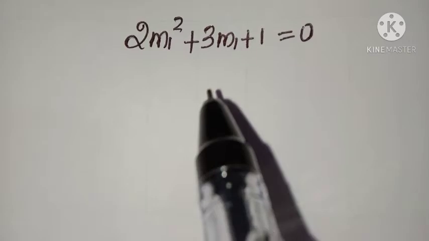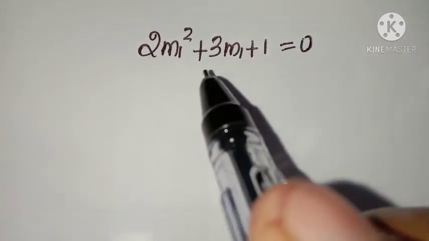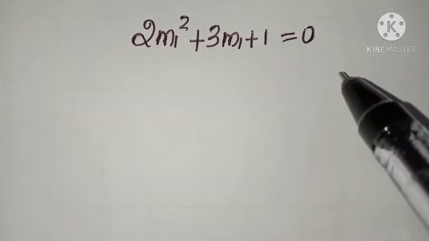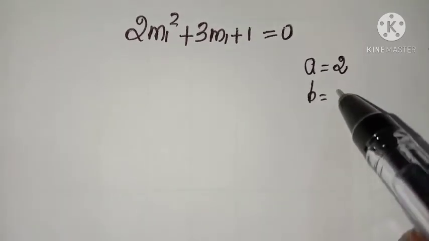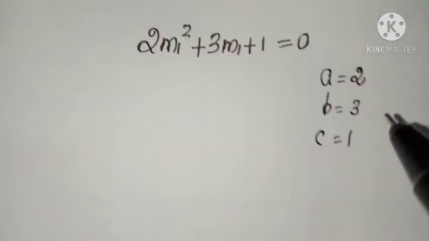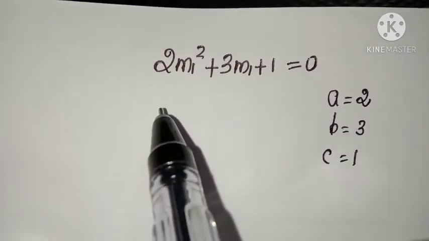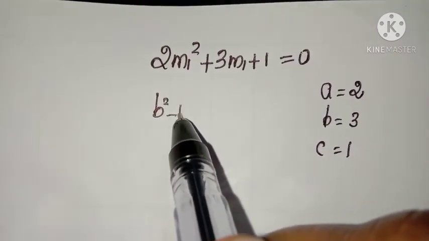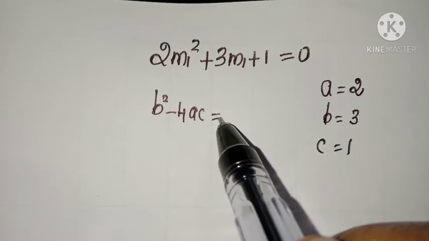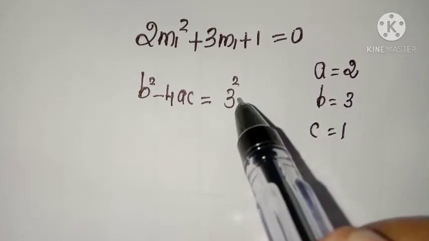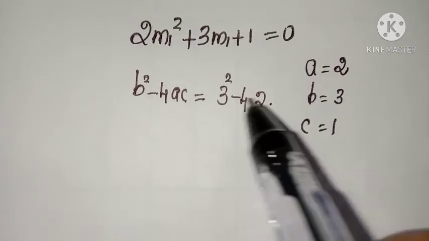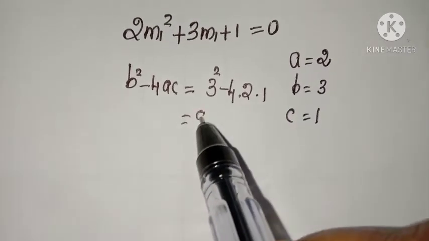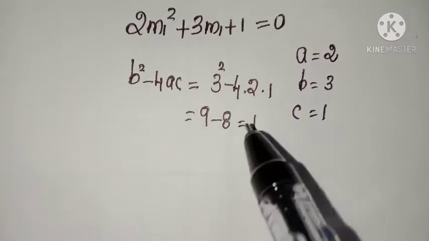See the quadratic expression 2m1 square plus 3m1 plus 1 equal to 0. So here a is equal to 2, b is equal to 3, c is equal to 1. So by quadratic formula, what is b square minus 4ac? b square is 3 square minus 4 into a, 2 into c, 1. It is 9 minus 8. It is equal to 1.